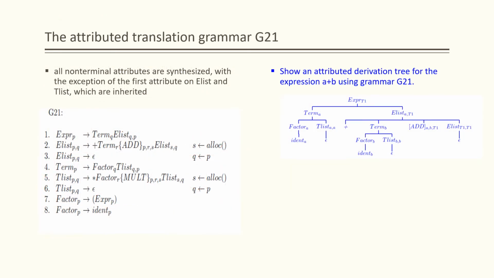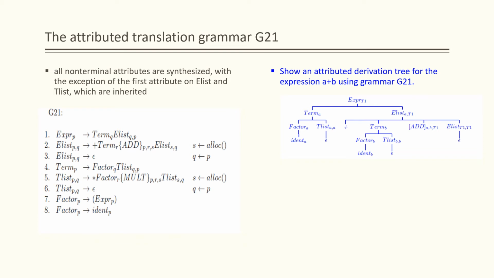Okay, the attributed translation grammar, so this is an example of how it looks. For example, we look at grammar G21 here. If you refer to this, it is actually the expression grammar that we looked into in the previous video.